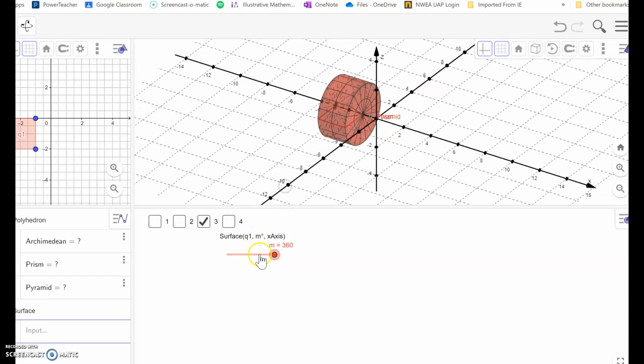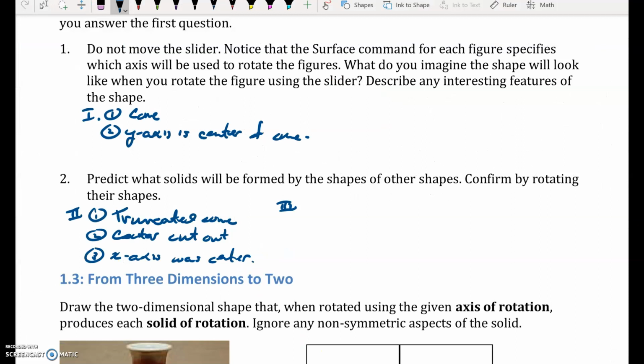And the x-axis is the center of the cylinder. So figure 3 became a cylinder, and the x-axis was the center.